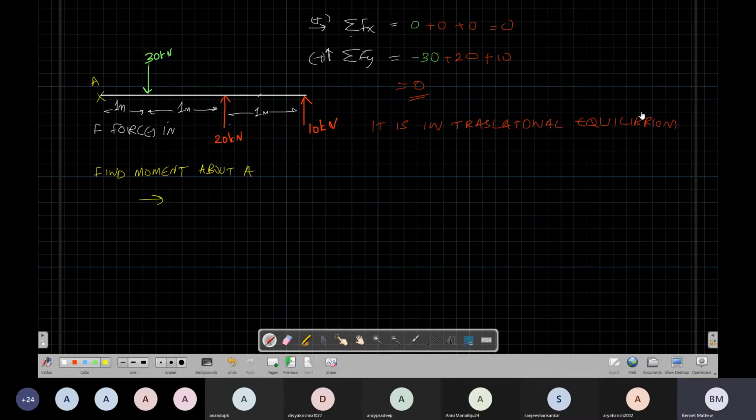Can you see what I am writing on the board? Yes, sir. Please calculate the moment of all the forces about A.